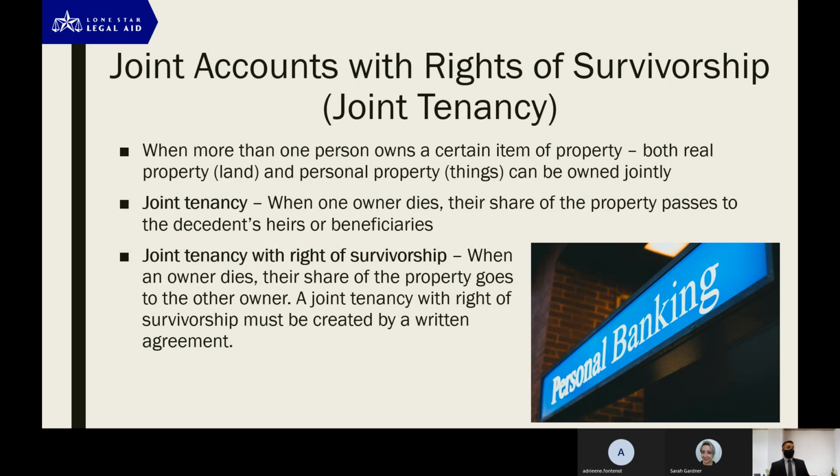So if you have a $5,000 checking account, you can say, I would like this payable on death to my son. And then upon your death, son would go to the bank, say there is a payable on death designation, here's the death certificate, and the bank would be allowed to release the funds to son. They don't have to go through a court process or do anything complicated to get those funds.